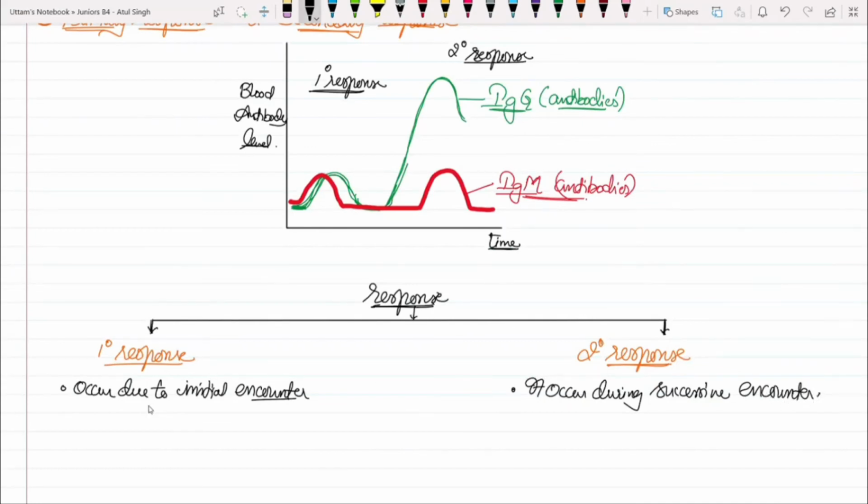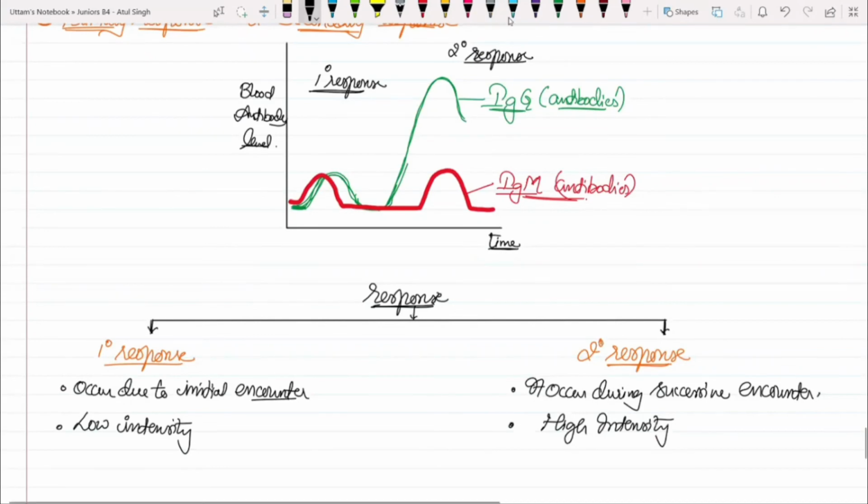Over here, is the primary response of high intensity or low intensity? Low. It is of low intensity, whereas the secondary response is of high intensity.